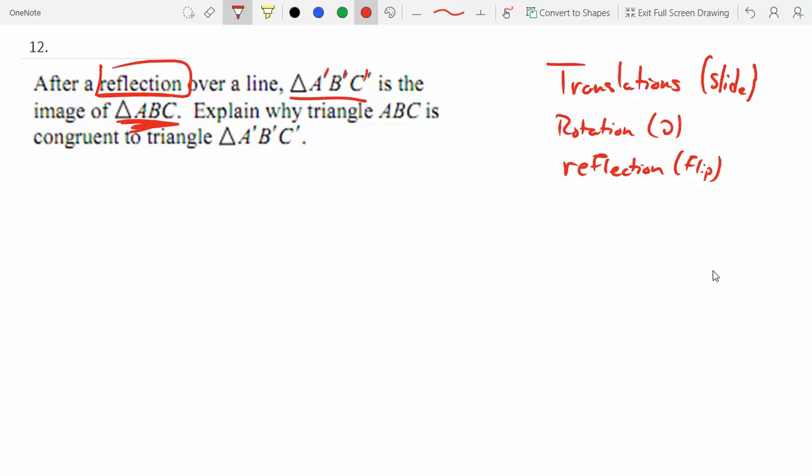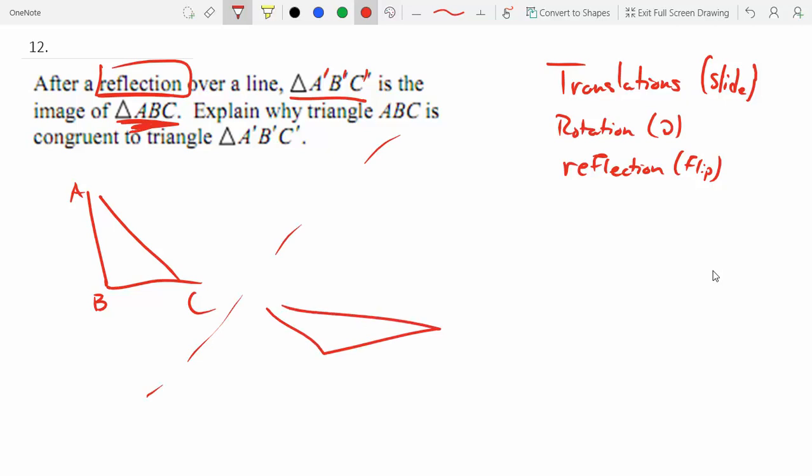It's saying, here's like A, B, C. No matter what kind of reflection you do, why is it that those triangles will be congruent, the exact same size? And all you have to say is, well, when you do a reflection, the only thing that changes is like its orientation or its position.